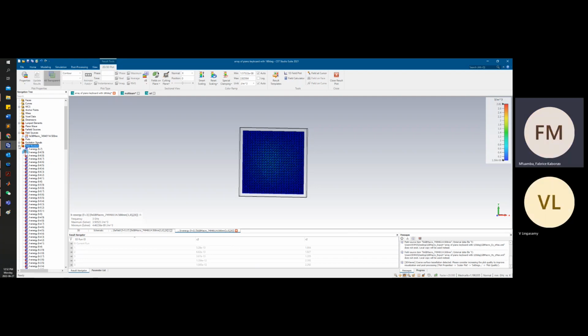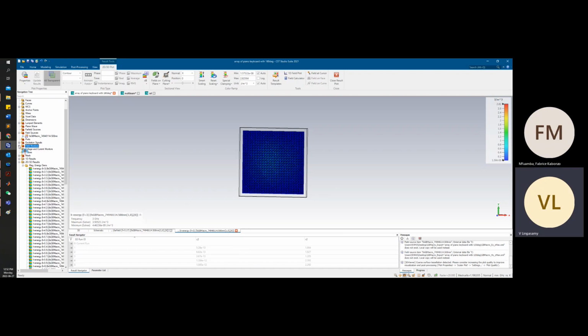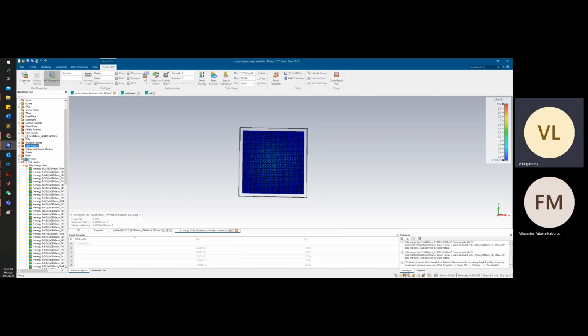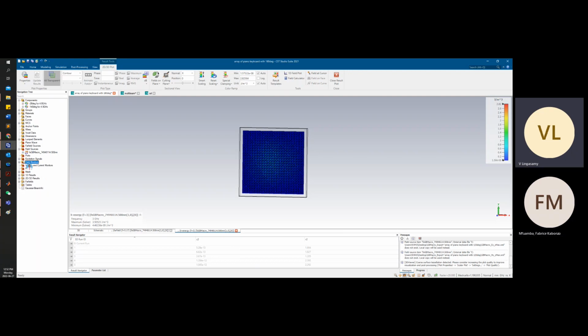So maybe I take more time to understand. What's the difference in terms of result output when we use Floquet port or waveguide port? Ideally not much. Floquet port works by considering that your unit cell element is surrounded by many unit cell elements of the same size, so you are considering the mutual coupling.